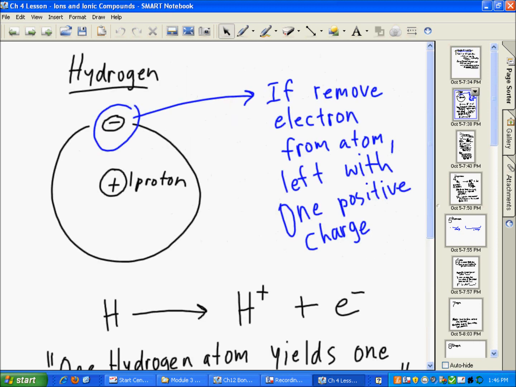So let's take hydrogen as an example. Hydrogen being the simplest of the atoms, simplest of the elements, and in hydrogen, you only have one proton, one electron. If we were to remove that electron from the atom, we'd only be left with the proton, so we'd be left with a positive charge.